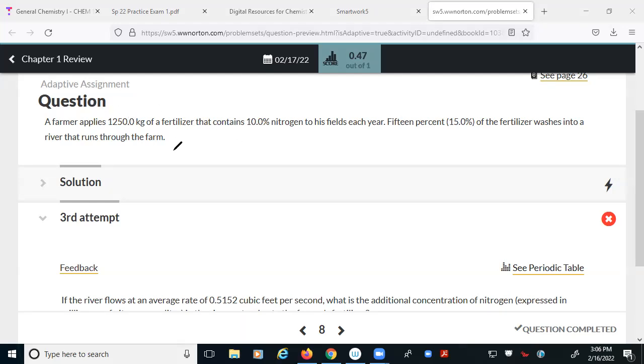First, if we have 1,250 kilograms of fertilizer and 10% of it is nitrogen, that would mean that 125 kilograms of nitrogen are being used every year.